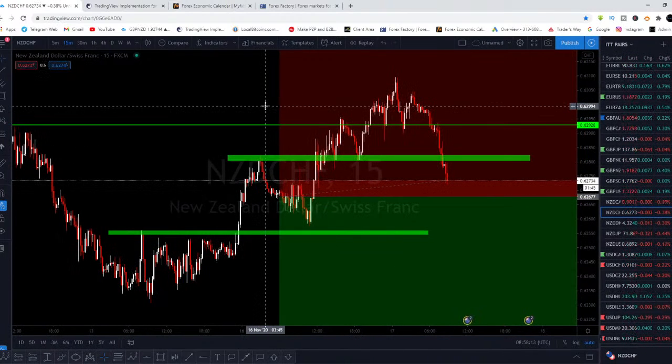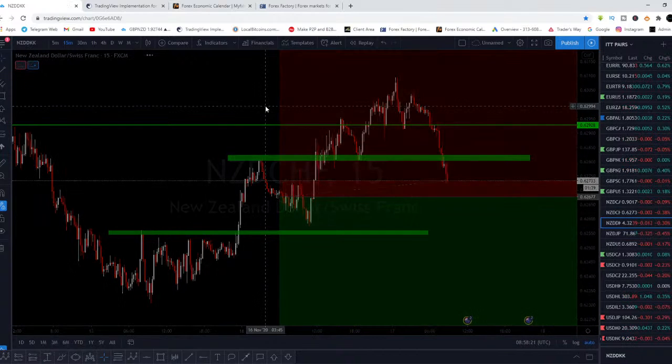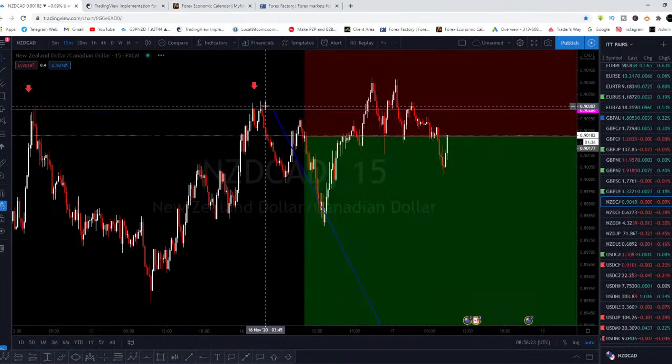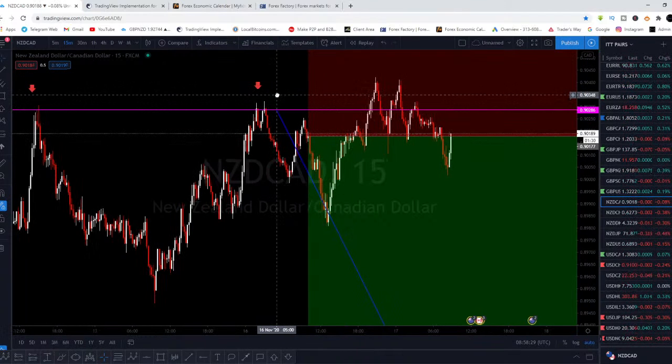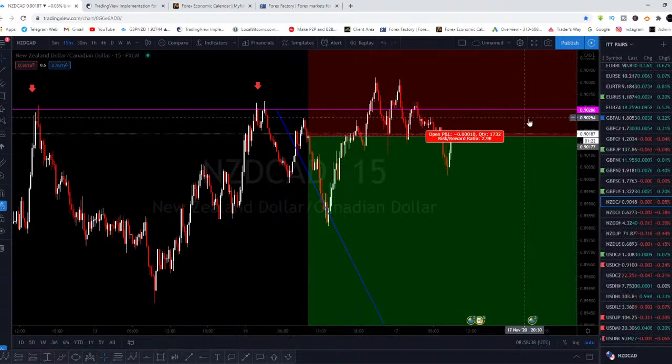I might close it at break even. That's it. So NZD CAD now is back at break even, right? I might close this NZD CAD, one of the positions right here, man.